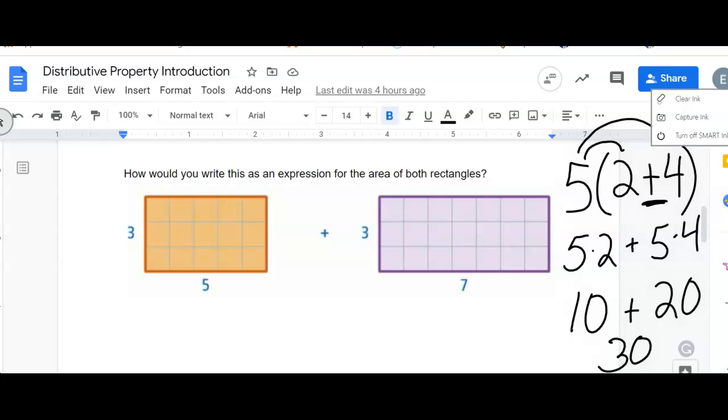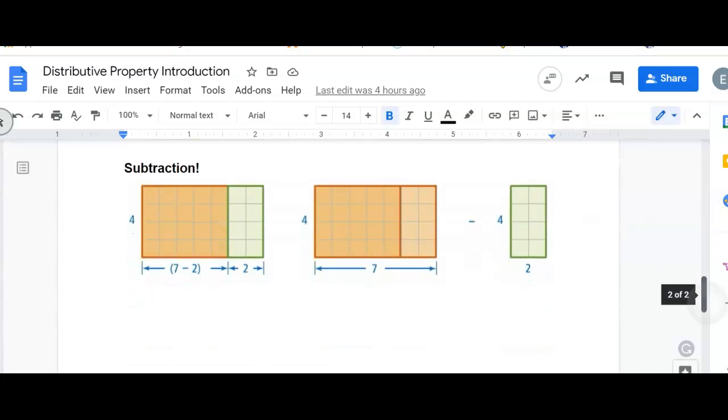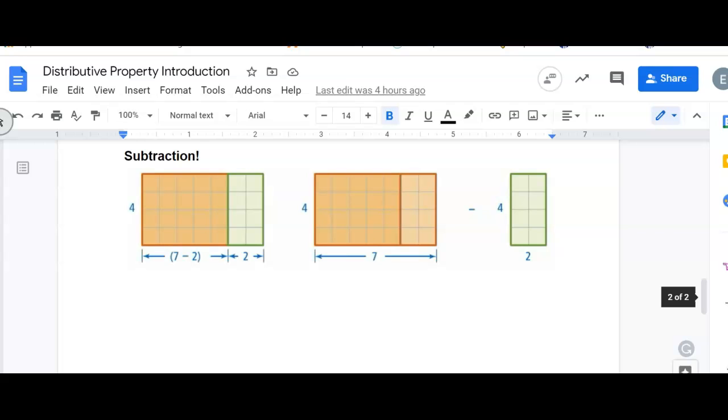Okay, turn the paper over. Okay, we want to find the area of this whole rectangle. But wait, I want to take 2 columns off.